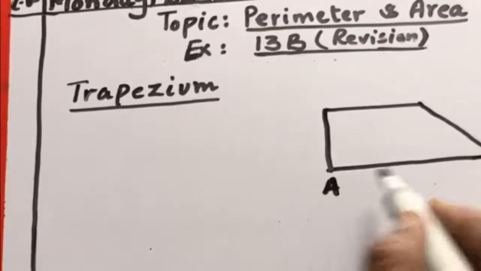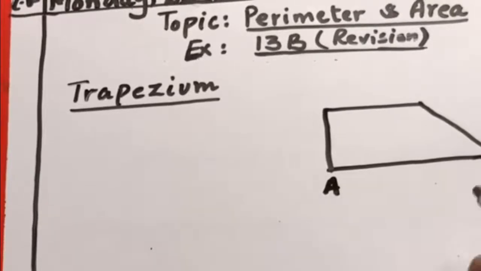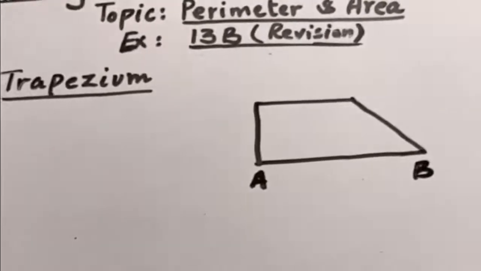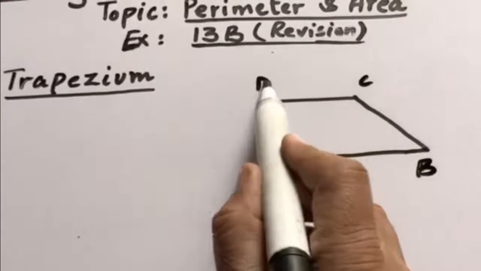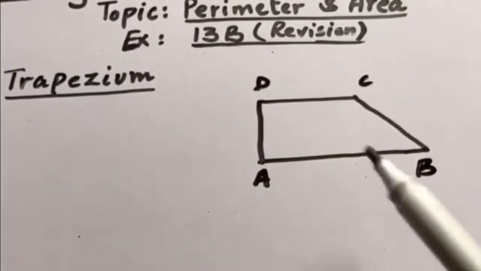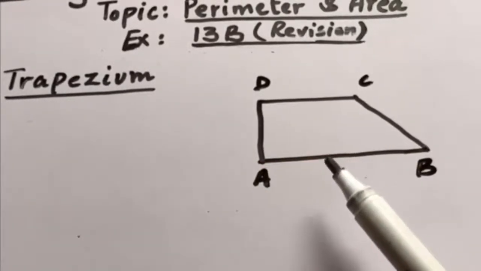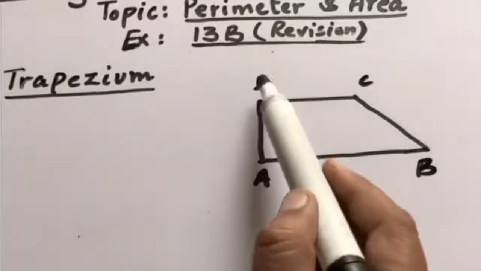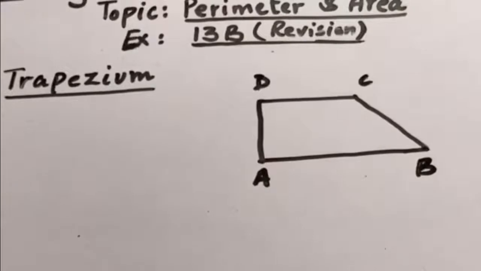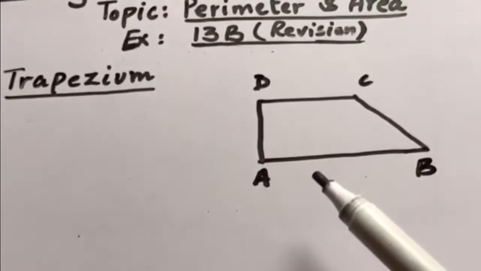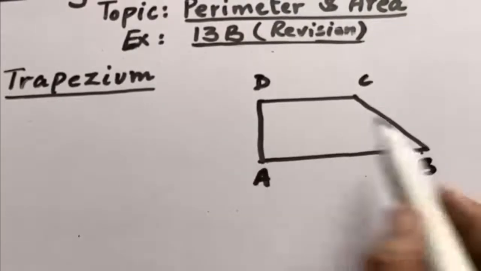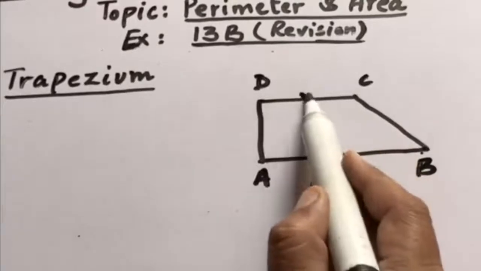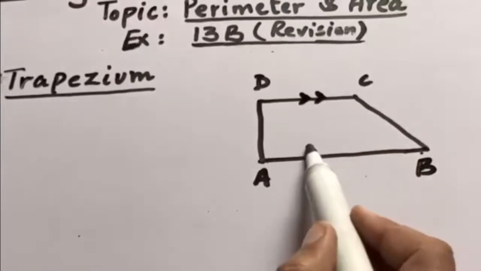Here is the side A, B, C and D. This shape is called the trapezium. It has four sides AB, BC, CD and AD. You can see that in this shape, these two sides AB and DC are parallel to each other.